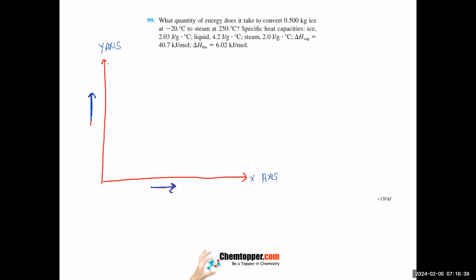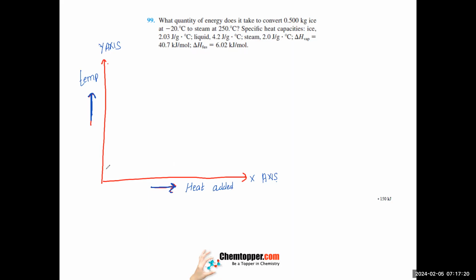If you don't know the coordinates, then how are you going to start the question? Shrihan, Dhruv, what are the coordinates here? Very good. Read, speak, write. Here is the temperature, and here is the heat added. It's a heating curve. It's endothermic, heat added.